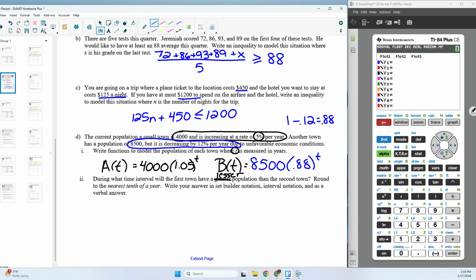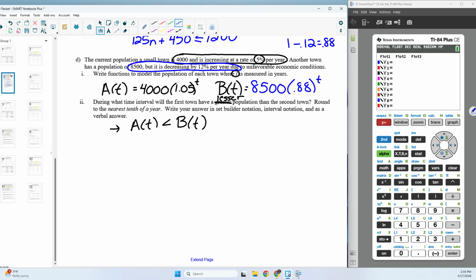So this means that I want my A of t to be less than my B of t. So that's my inequality. And now we're going to write just a little bit of information. We can never use as an explanation on a Regents exam or a test that I use my calculator. That's like saying I used math to do this problem.